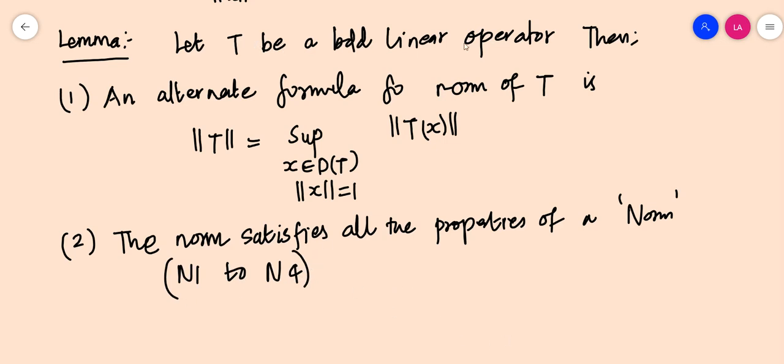So if T is a bounded linear operator, then we can use another definition for the norm of an operator, which is the supremum of x in the domain such that norm x is equal to 1 of the norm Tx. Instead of norm Tx by norm x, we consider those elements whose norm is 1, take the norm of their images, and take the supremum. The second thing is that norm T satisfies all the properties of a norm, properties N1 to N4. Let's prove this theorem.